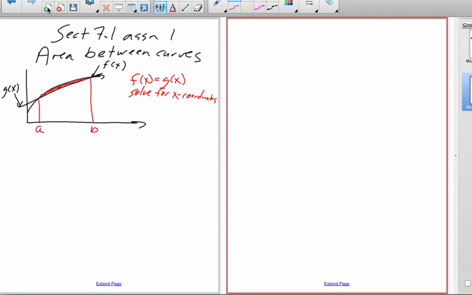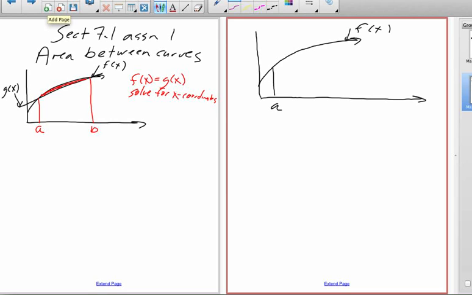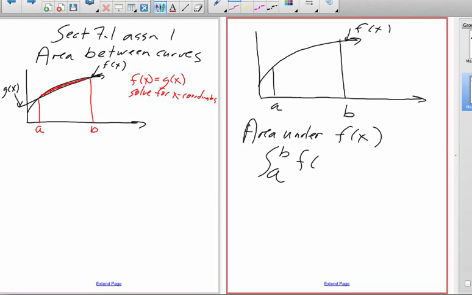So let's come back in, and I'm going to break this thing down into two graphs to show you how this works. So here is f of x, and we're looking at between points A and B. So the area under f of x is just the integral from A to B of f of x dx.